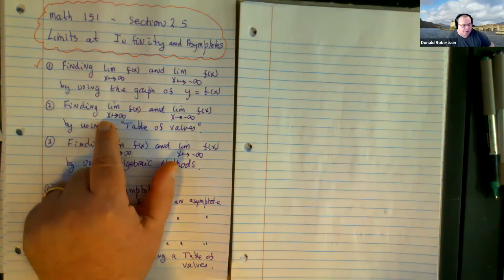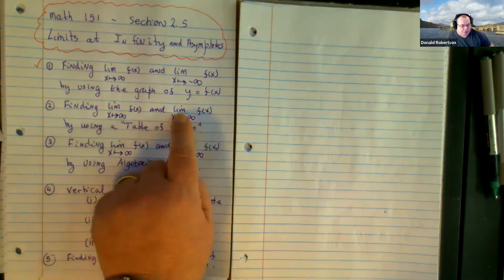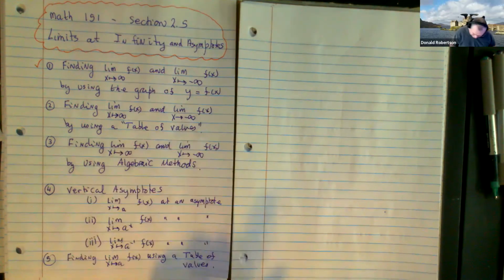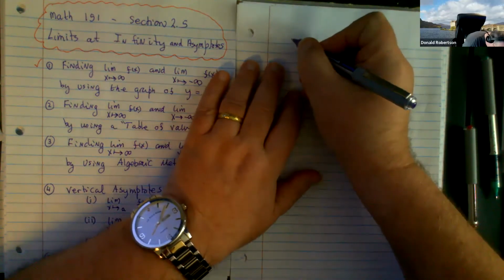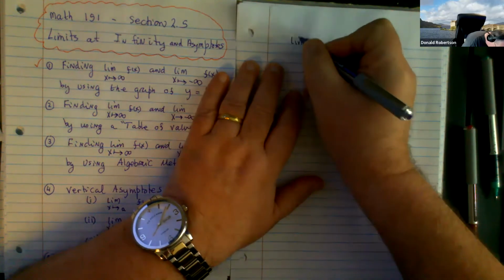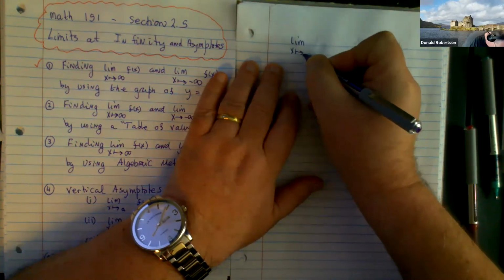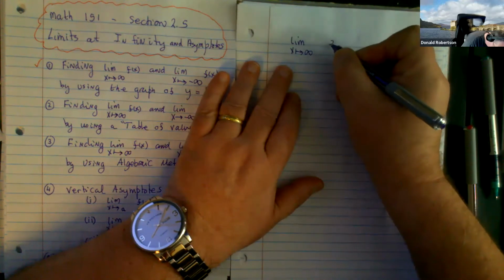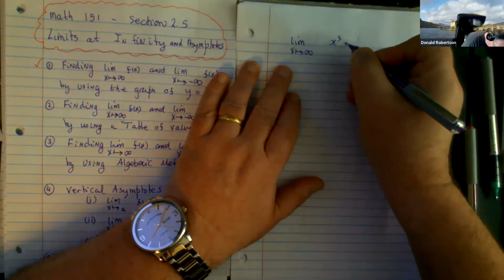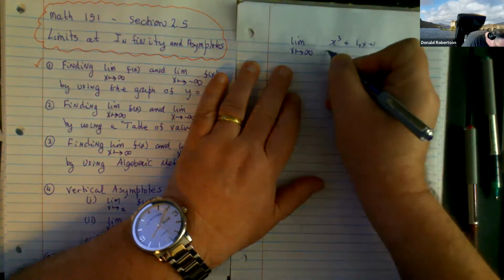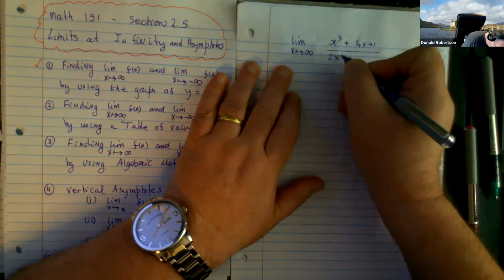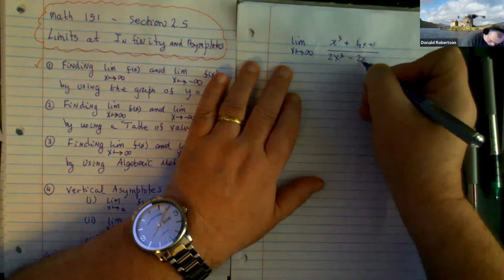So now we're going to find these two limits by using a table of values. Suppose I said to you, I want to know the limit as x tends to infinity of (x cubed plus 4x plus 1) over (2x cubed minus 2x).